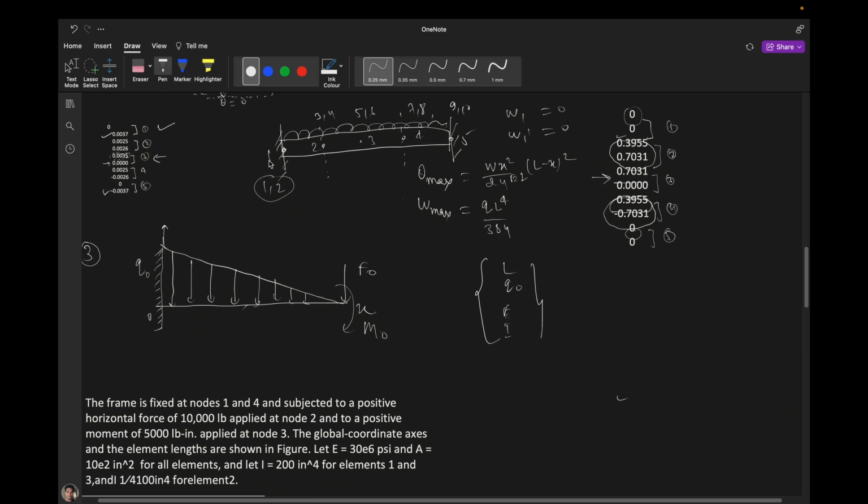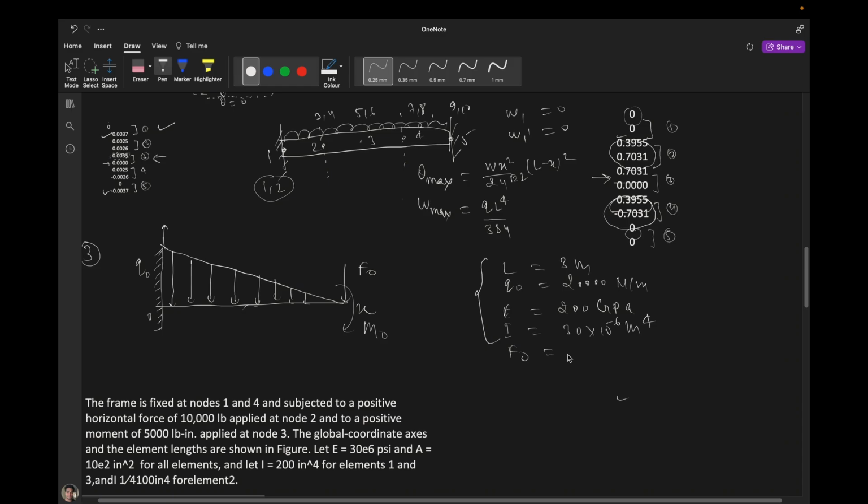I will write each and every value here. L is 3 meter, Q naught is 20,000 Newton per meter, and modulus of elasticity is 20 gigapascal. Moment of inertia is 30 into 10 to the power minus 6 meter raised to the power 4.